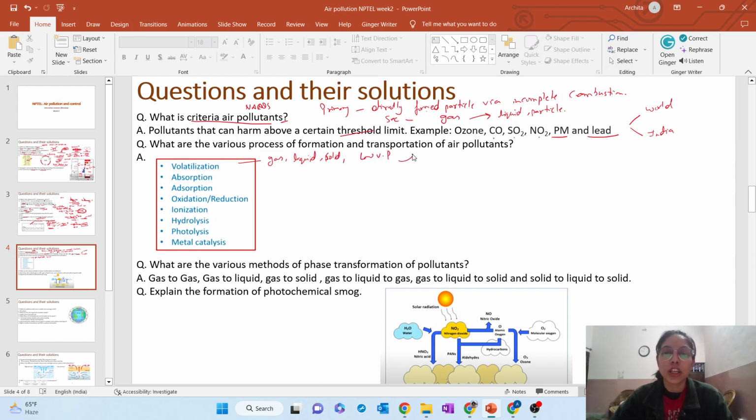That is, they can easily turn into gas. That is volatility.